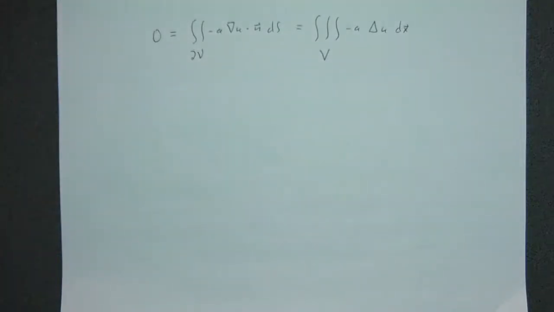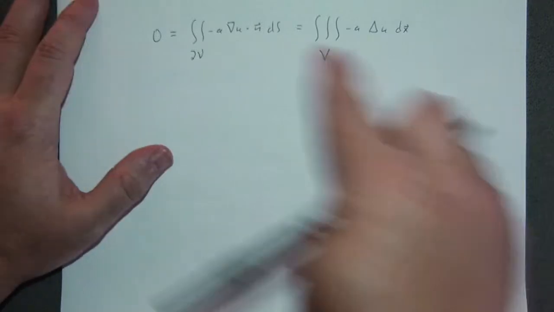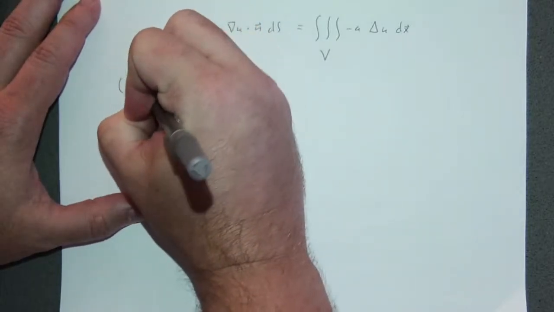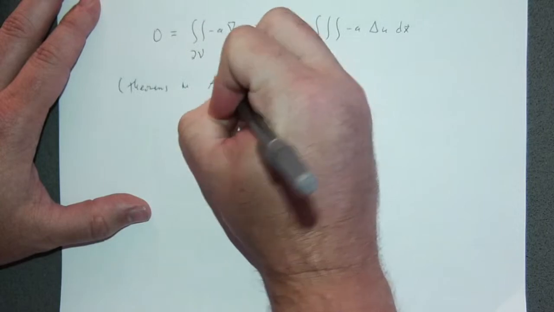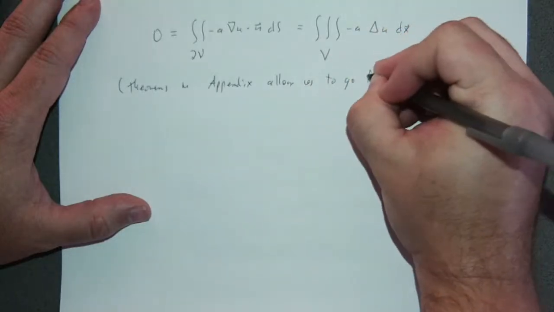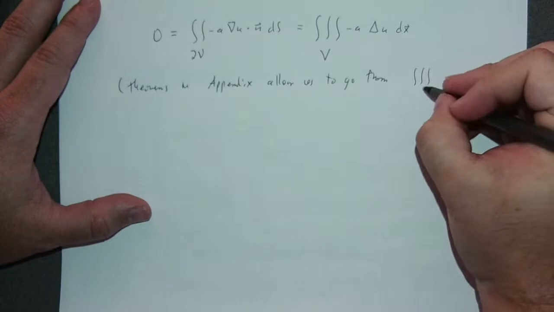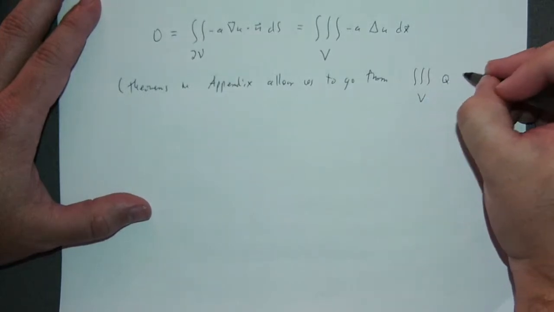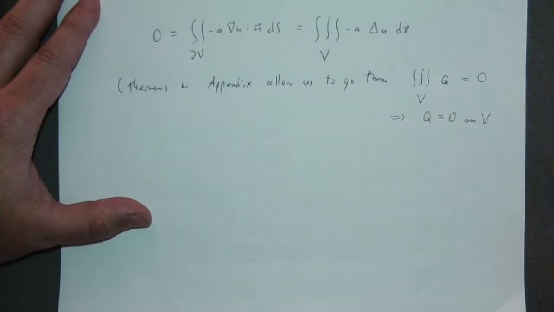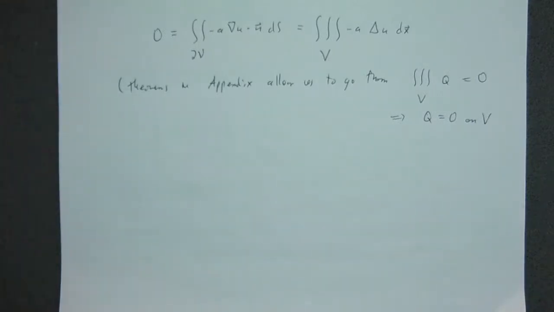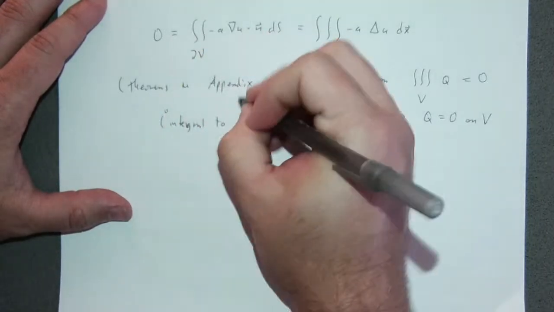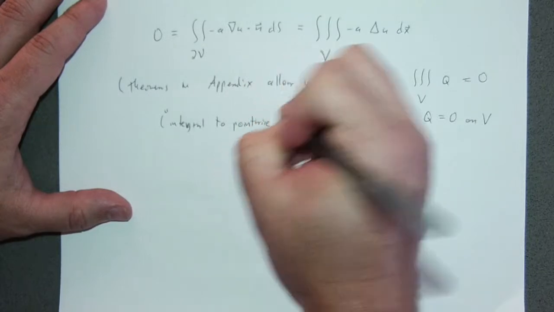So then what has to happen here is there's some theorems in the appendix that allow us to go from integral of quantity equals 0 to quantity equals 0 on V. So these are called integral to pointwise theorems.